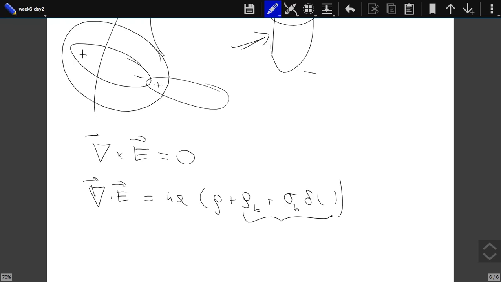Now this rho bulk and sigma bulk themselves create some kind of an electric field. So we usually define what is called the displacement field as rho bulk plus sigma bulk.